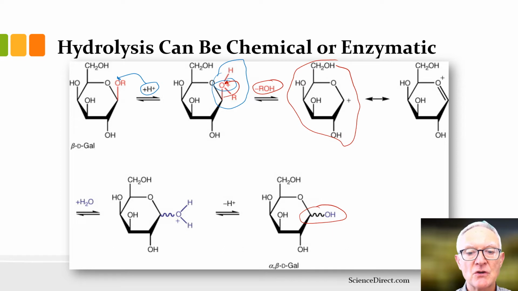I'm going to circle again that glycosidic bond here in green. It's right there. We protonate that. That promotes the breaking of that glycosidic link between the carbon and the oxygen, and the alcohol leaving.